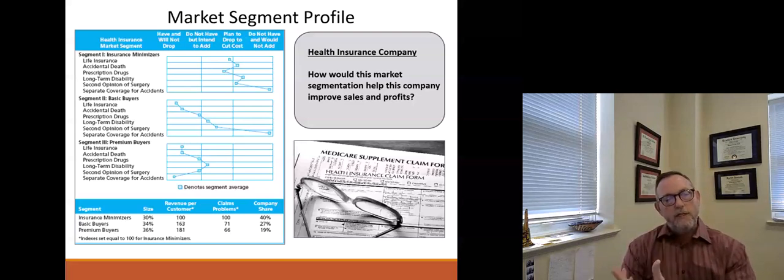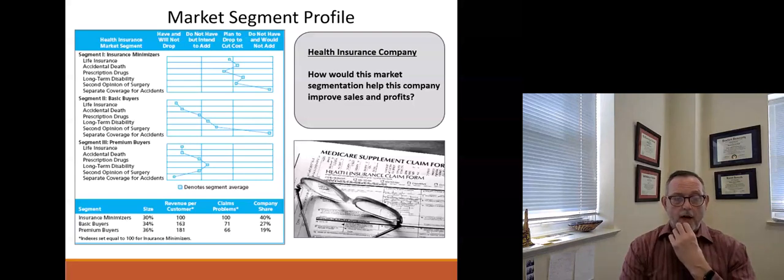Now when we take this information along with some purchase information down below, the minimizers make up 40% of this company's sales, for instance. That's something to know. They also, however, cause the most problems that the company has.